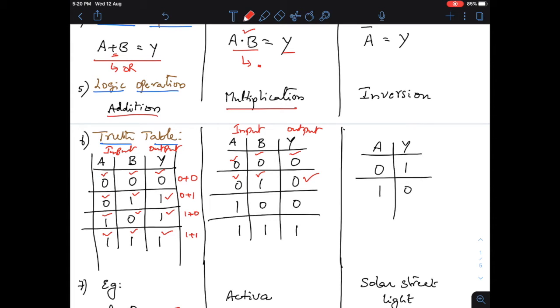That means if either of them is low, then you have low. So 1, 0, then you have 0, and both of them 1, you have 1. So this is the truth table.